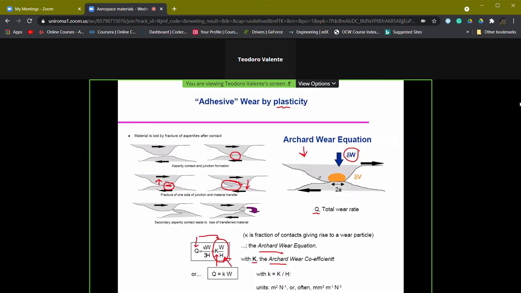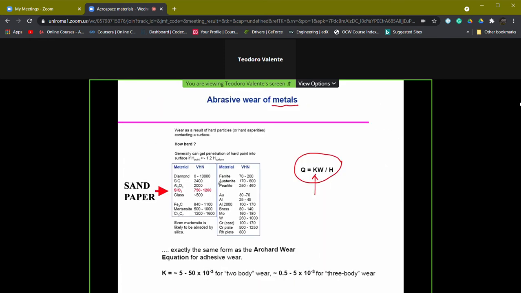So if we come back to this equation of adhesive wear, we must pay attention: if we increase the hardness of the weaker material in order to reduce the volume of material lost per unit time and unit sliding length, the increase in hardness must not lead to a final hardness which is more than 20% higher than the other material. Otherwise, we enter the abrasive wear mechanisms.